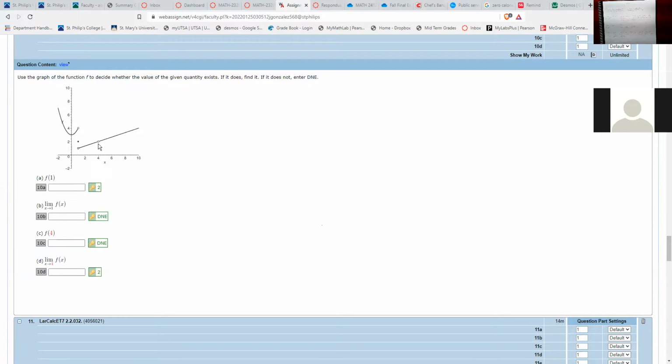You see how it's not defined there. That's why they put D and E there, because there's a hole. But the limit exists because as I get closer and closer, it's approaching the same place, approaching 2. So the value itself does not exist, but the limit does.